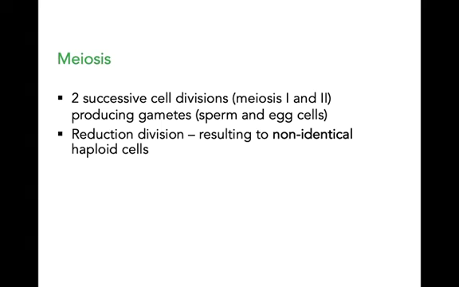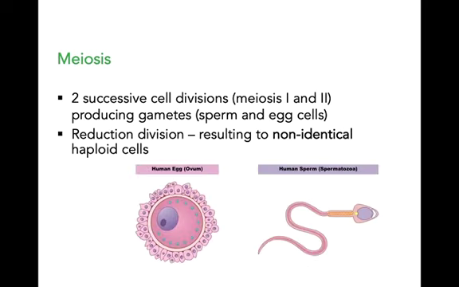Dito, magkaiba, non-identical haploid cells because, as I have said, during the earliest phase or sa interphase before meiosis, mayroong synapses and crossing over na kung saan nandun yung genetic makeup na may exchanges in genetic information between the chromosomes. Okay?